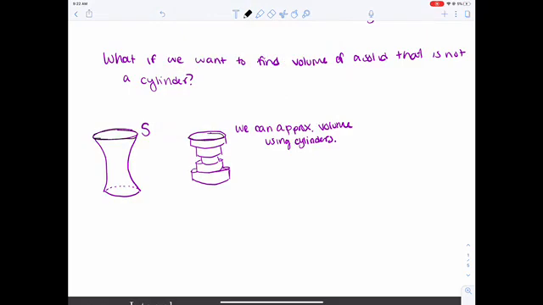So maybe the first cylinder that we're using has a base that has the same area as the top, but then maybe the second cylinder has a base that has the same area as a cross section here, which we'll call at the point Y1.